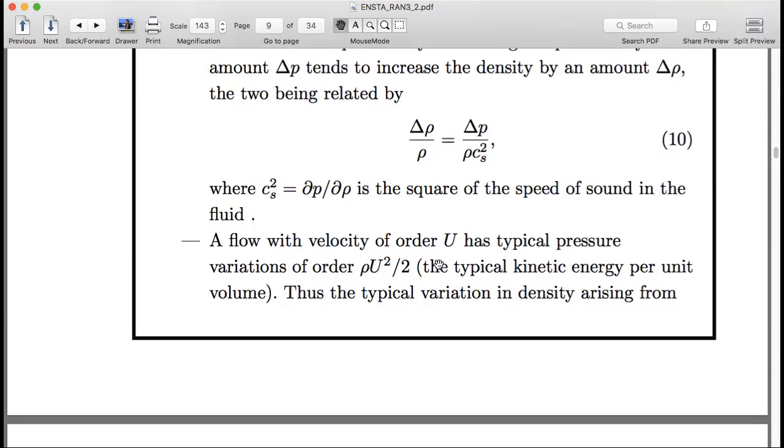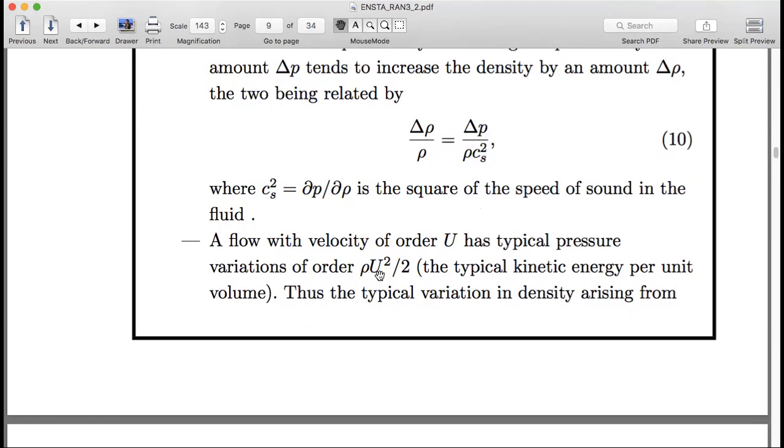It turns out that you could work this out on dimensional grounds, that variations in the pressure are of the order of, I want to call it, the kinetic energy density.